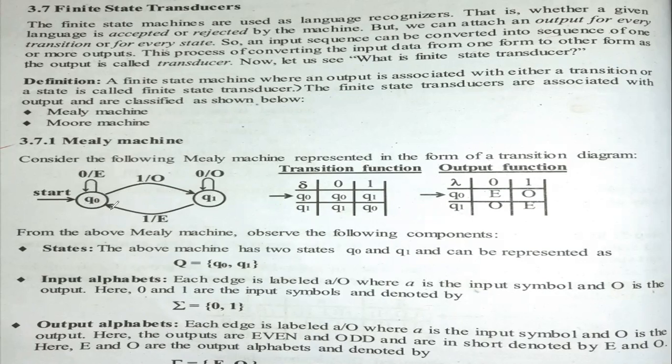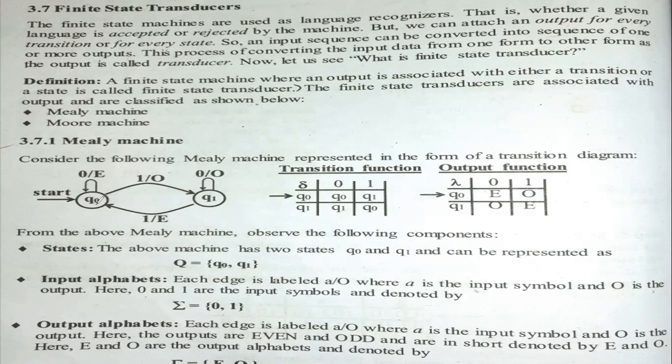Usually, if I make this a final state, it accepts an odd number of ones. If I make the other a final state, an even number of ones can be accepted, and any number of zeros can be followed by this even number of ones.